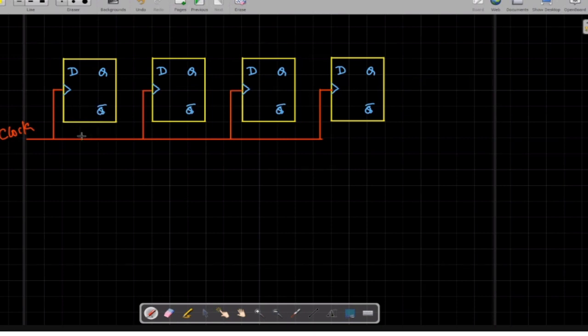These flip-flops have two additional inputs, so we will set them using those terminals only. But yes, the feedback path is created in this fashion. The output of this flip-flop is set like this.